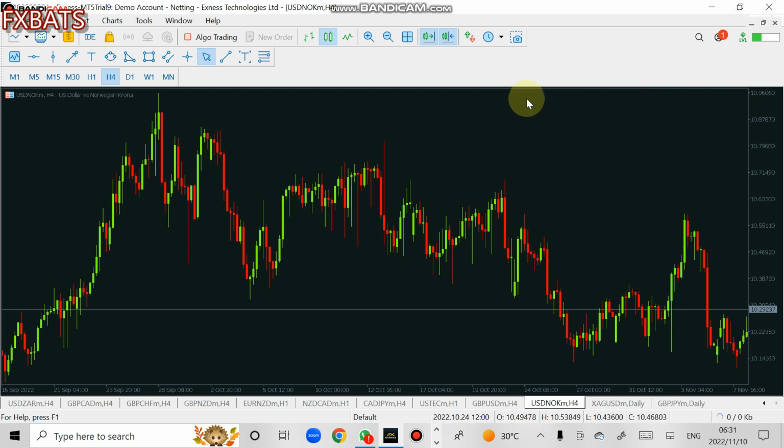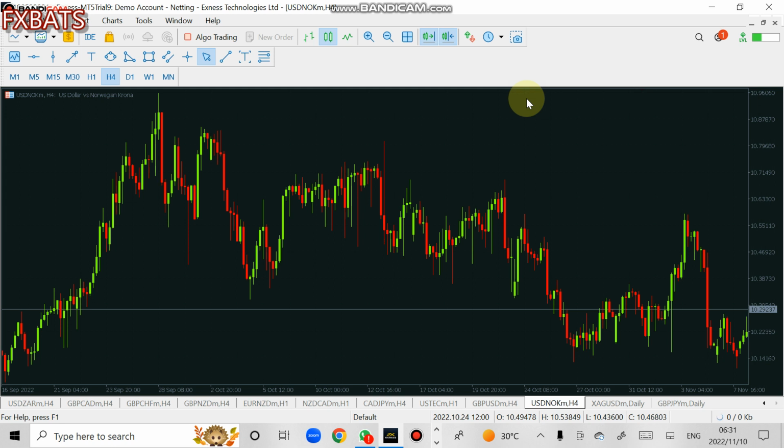For me, a valid break of structure is a candle's body closing above or below a certain key level, depending on the trend I'm looking at.